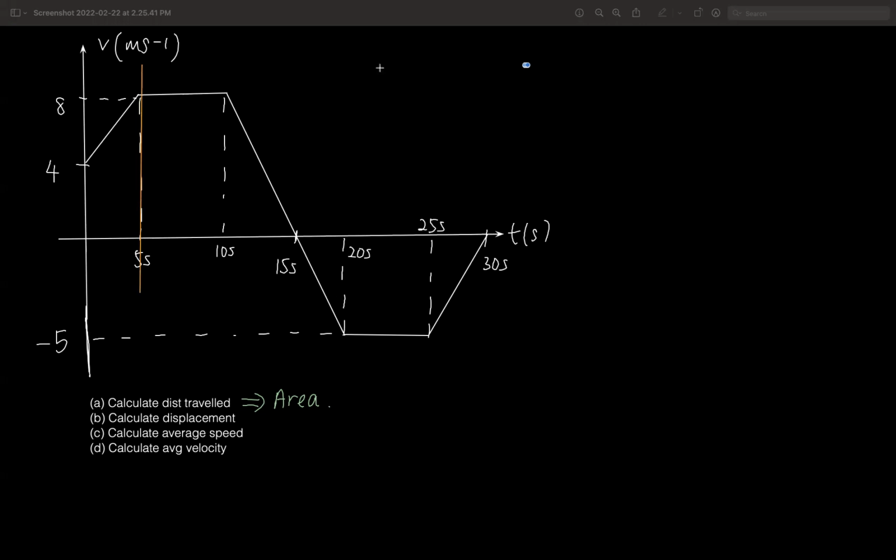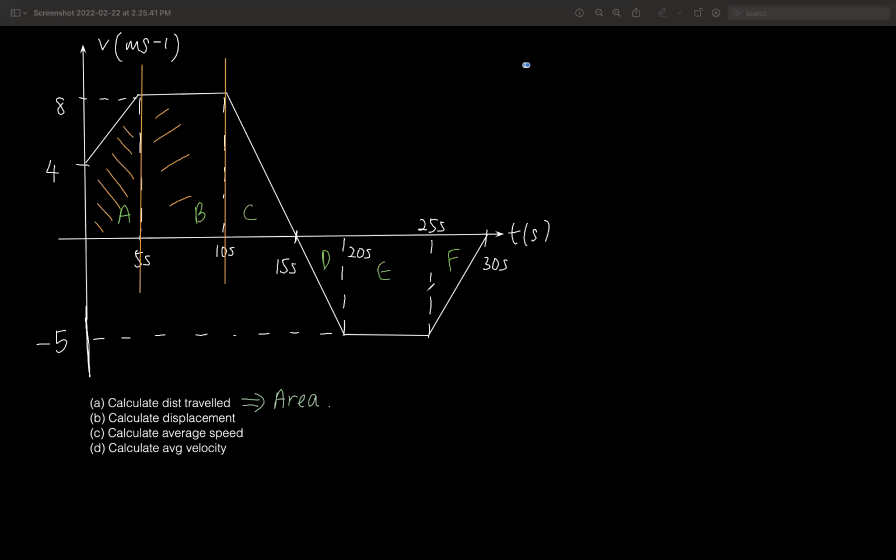Okay, let's say I cut here. I cut here, I get what? I get a trapezium, right? And I cut here as well. I get another, a rectangle. And then I get a triangle. So I'm just gonna name this A, B, C, D, E, F.